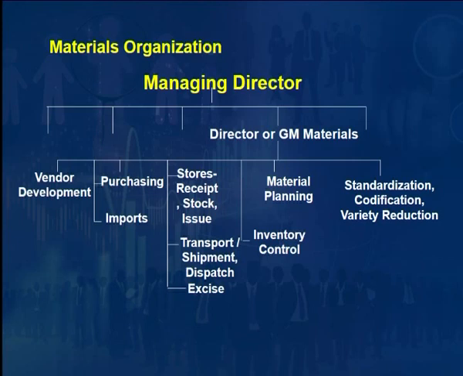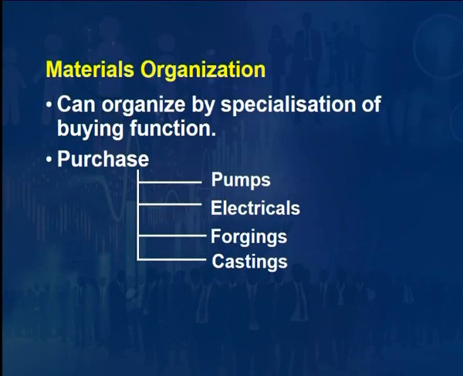And then you have standardization, codification, and variety reduction. This is another department which is in vogue these days in industries, wherein the emphasis is on standardized parts. Basically, you can organize the material department by specialization or buying functions.